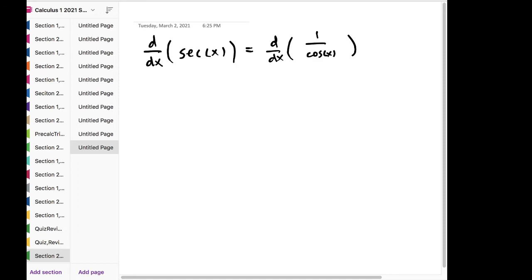By the way, if some of you know the chain rule right now, you could treat this as a chain rule problem. But that is not something we'll do yet. Right now we can treat this as a quotient rule.